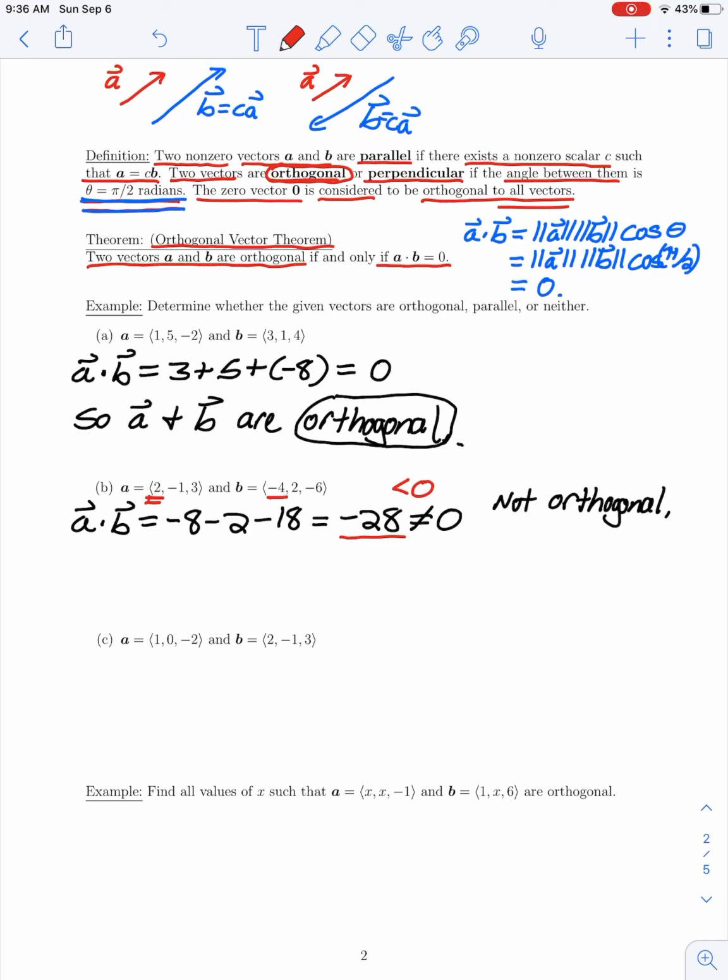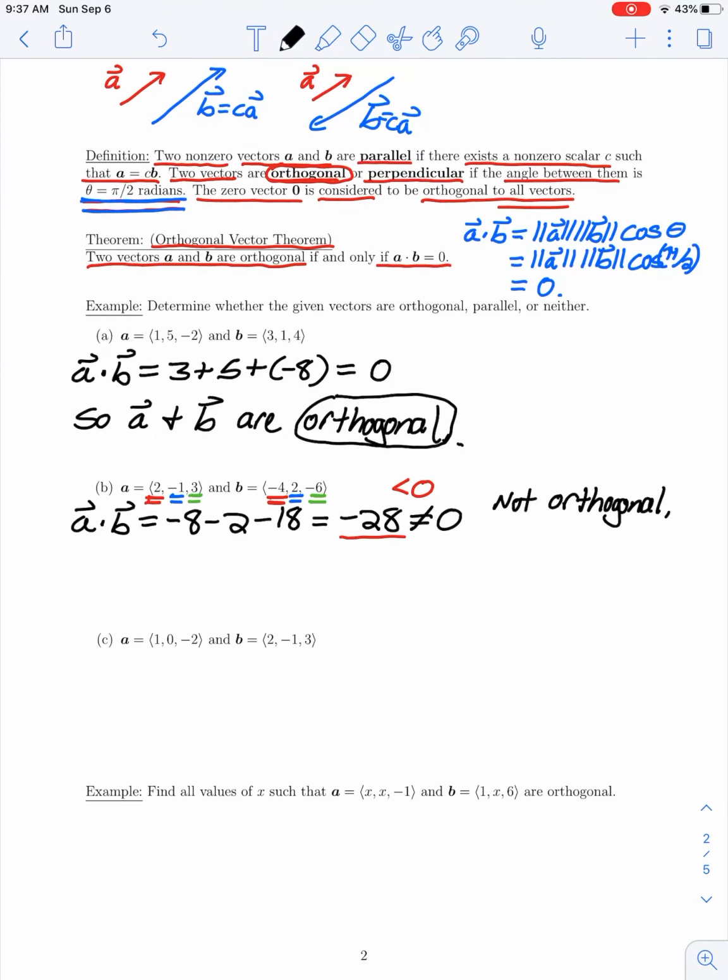To get from 2 to a negative 4, I would have to multiply that first component by negative 2.